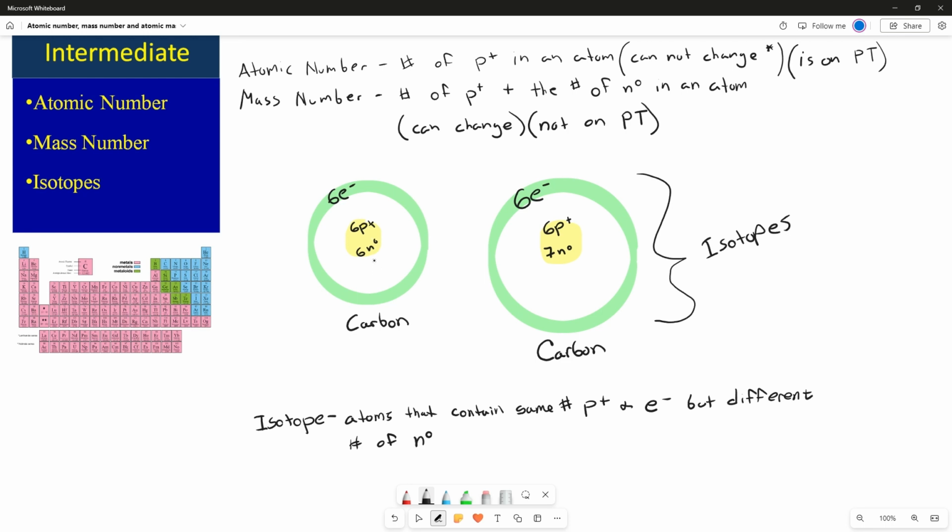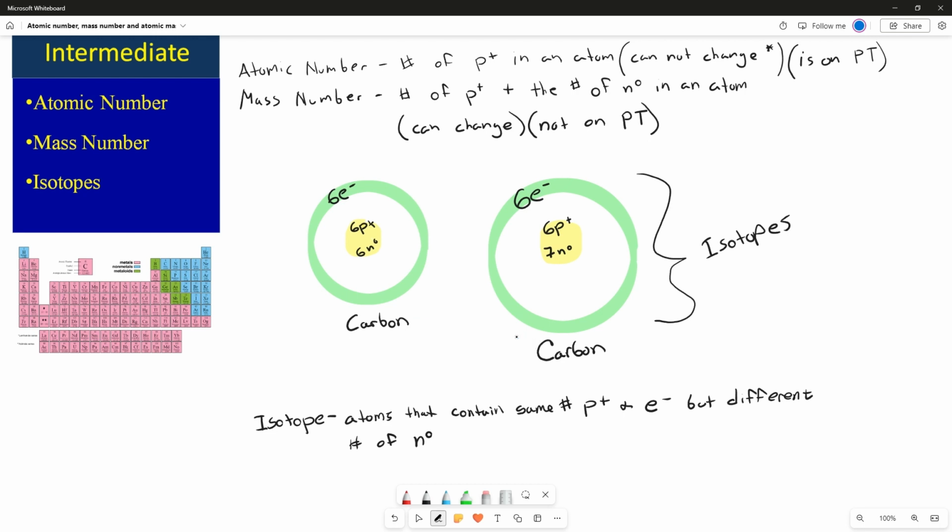And we can see in our example here of these two carbon atoms, both carbon atoms have 6 protons and 6 electrons. But one carbon atom has 6 neutrons in it, and the other carbon atom has 7 neutrons in it. These are said to be two isotopes of carbon.